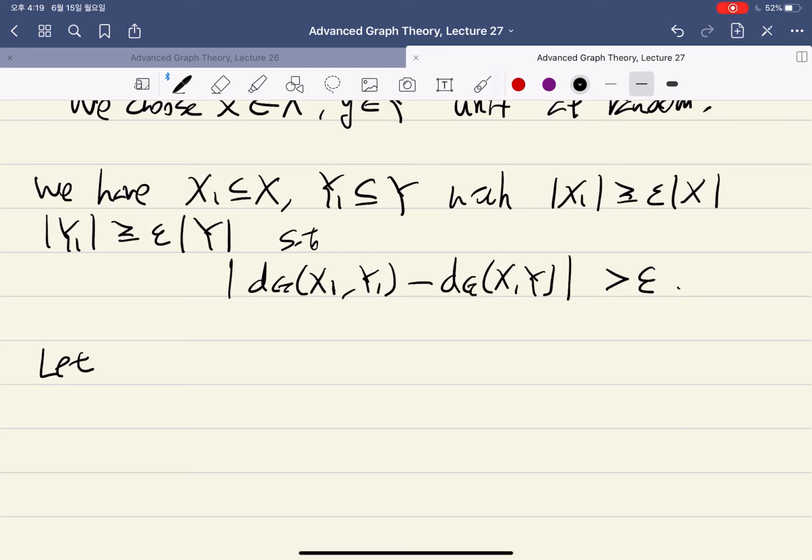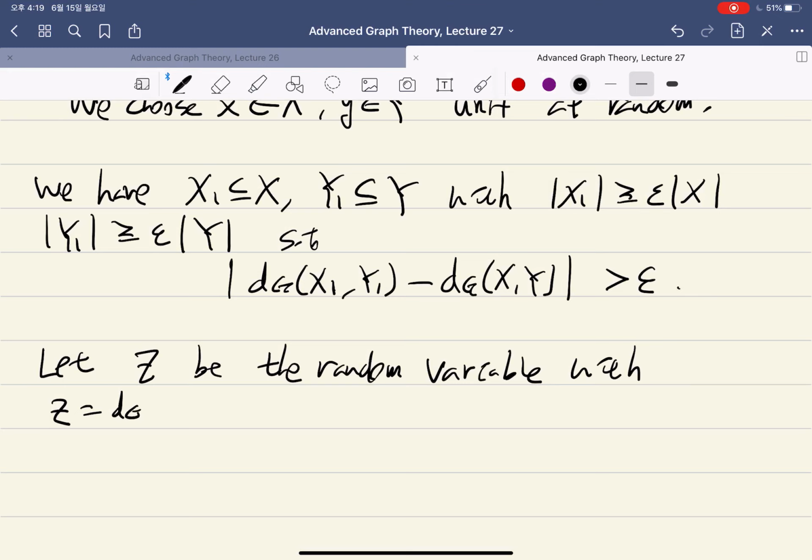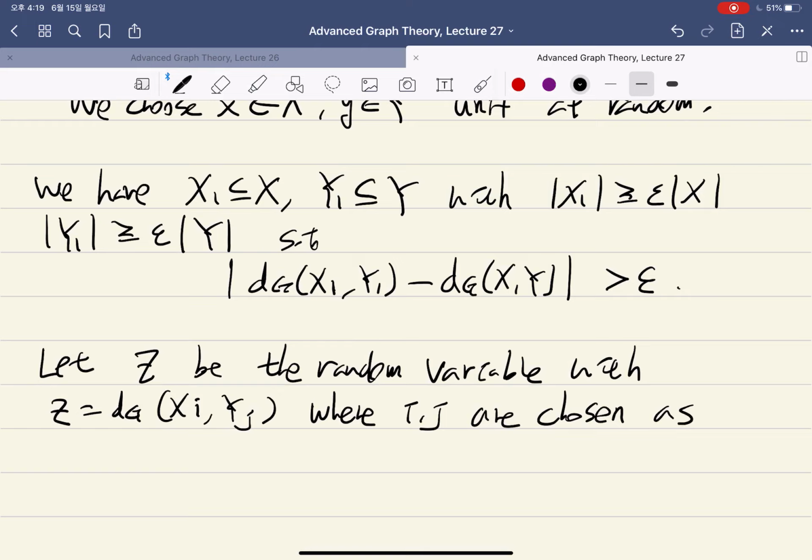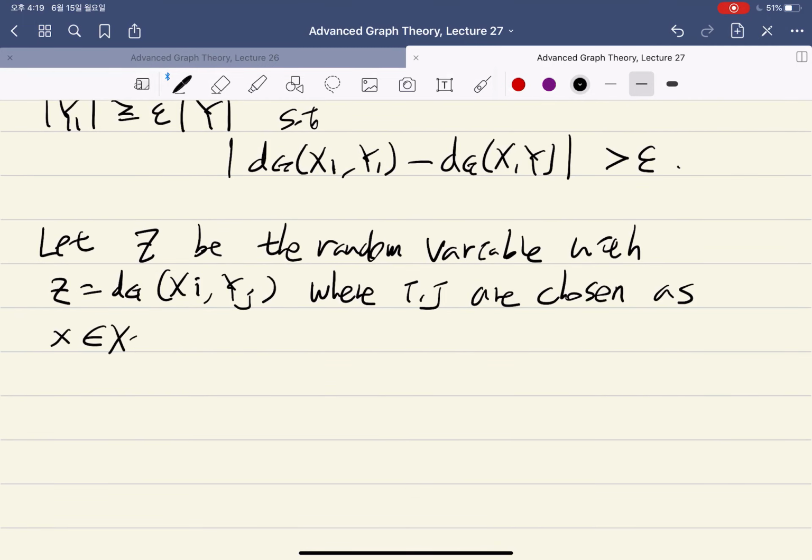And again, as before, let g be the random variable with density between Xi and Yj, where i and j are chosen as x is in Xi and y is in Yj.